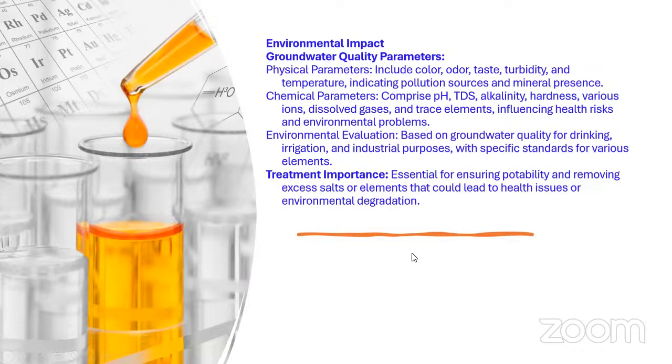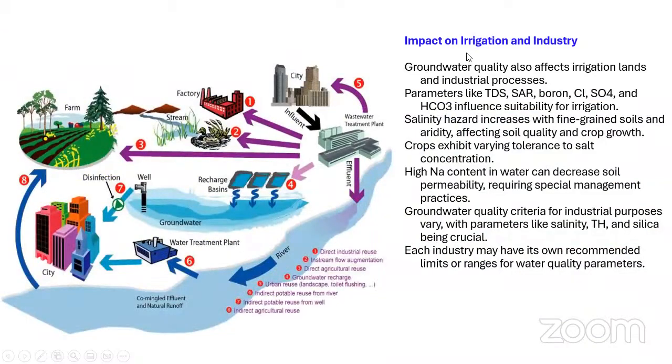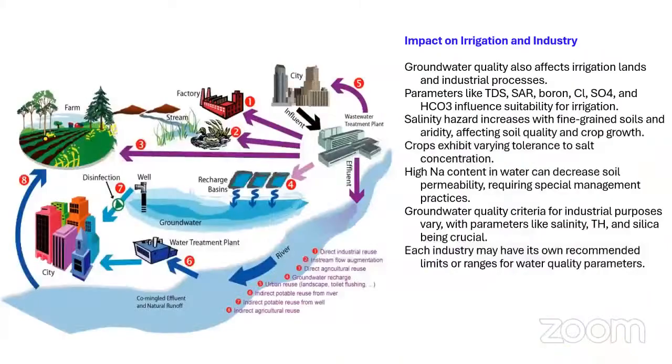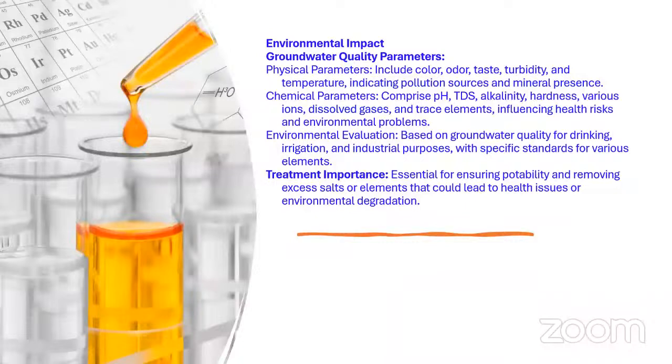How groundwater quality impacts the environment, how the groundwater treatment process works, how groundwater quality affects irrigation and industry, and how groundwater quality affects human health. So: groundwater quality and human health, irrigation, industry, its treatment procedure, and environmental effect.